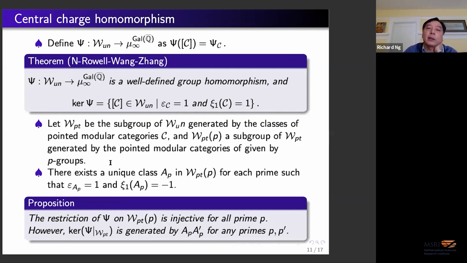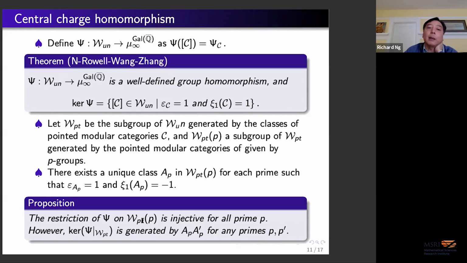If I try to understand the structure of some subgroup generated by some modular categories in the Witt group, I just try to restrict to this subgroup and see what I get as an image or the kernel. Then I can understand the structure. Of course, I want to know the kernel of the whole thing, but actually I find it for some cases. I call this C maybe the higher central charge group homomorphism, or simply the central charge group homomorphism.